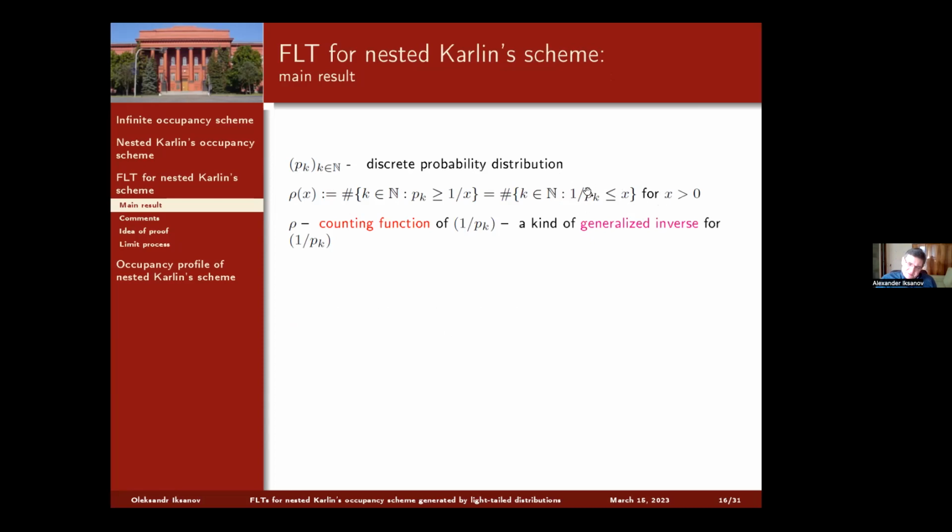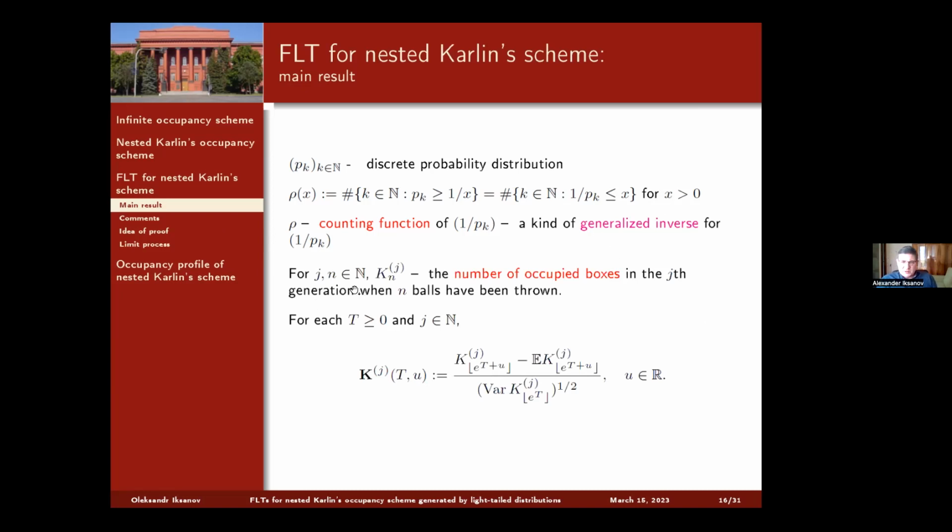If the sequence of p_k is monotone, then rho is just a generalized inverse function for the sequence 1 over p_k. Since we don't assume that the probabilities are monotone, the function rho can be thought of as a kind of generalized inverse function for 1 over p_k.